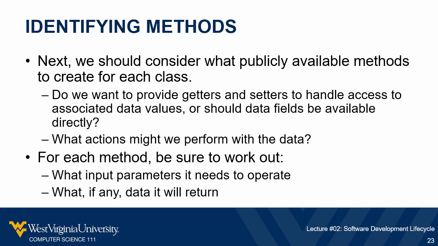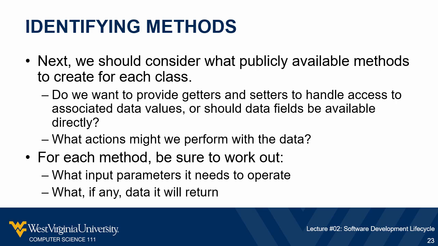Are we going to allow direct access to those fields, which sometimes is done, or are we going to provide getter and setter methods to manipulate and retrieve those values? That's a very common approach that gives you some control over what's actually being stored, and it can give you more flexibility. So, is that something that we want to do?